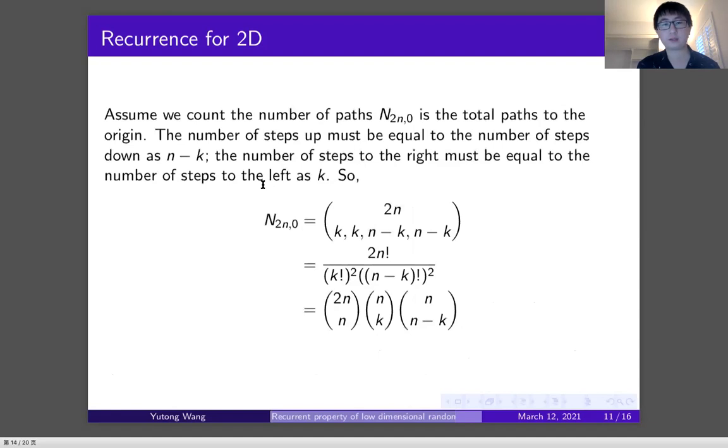By the same process, we can assume the total path count be capital N. As you see here, the steps going back and going forward should be equal, and going left and going right should also be equal. So we assume going left is k, right is also k, the steps going up will be n minus k, and going down will be n minus k as well. So we get the formula of the capital N.